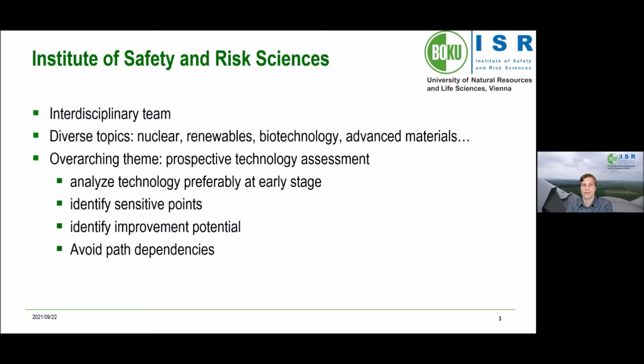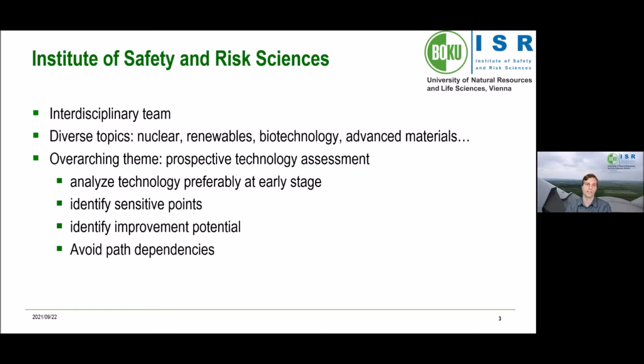One overarching theme of the institute is prospective technology assessment, which means we try to analyze a technology, preferably at an early stage, and of course find the risks, the probabilities, the shaping possibilities.